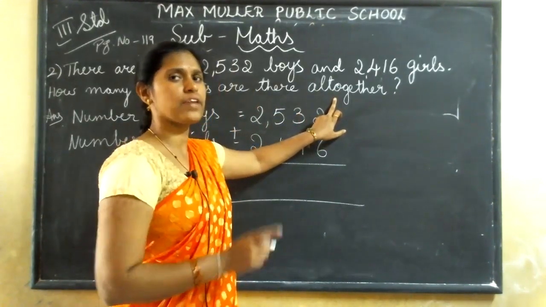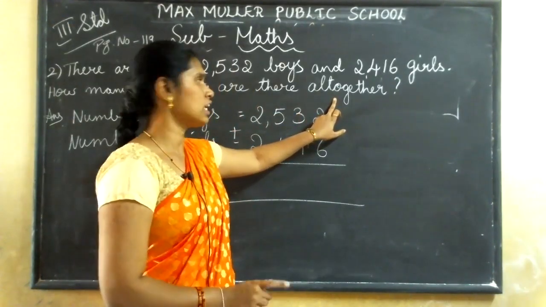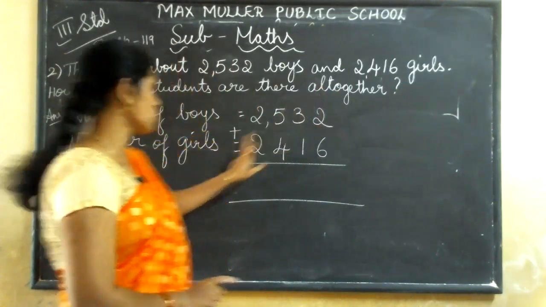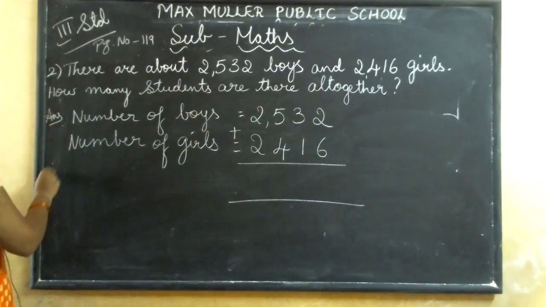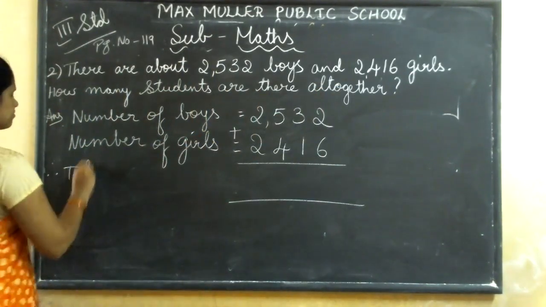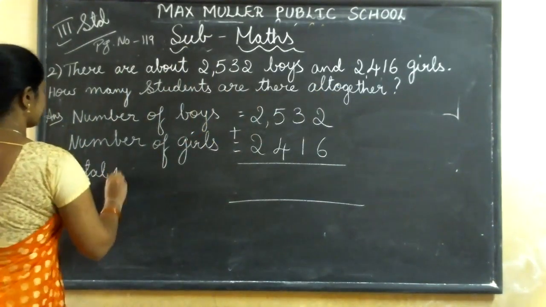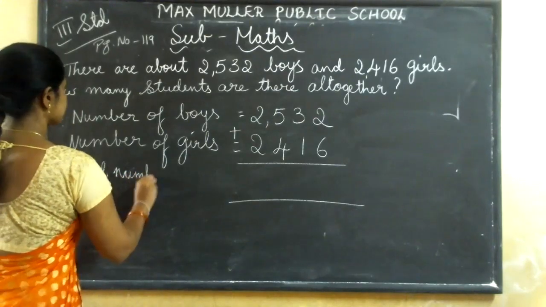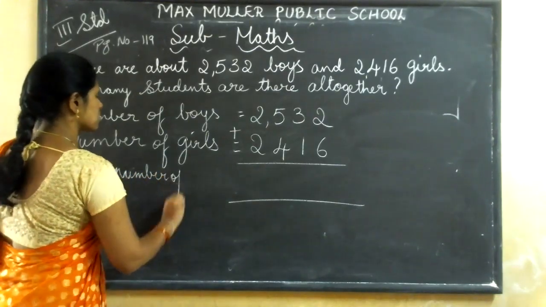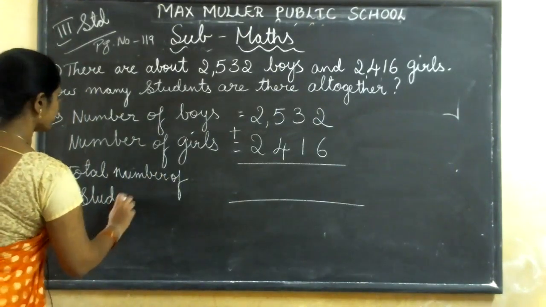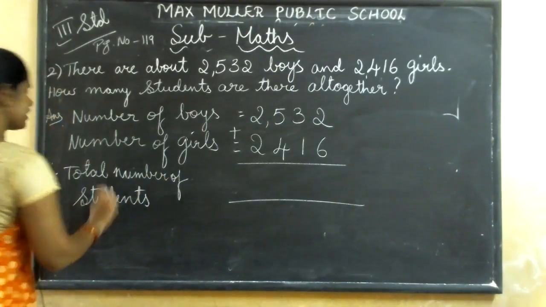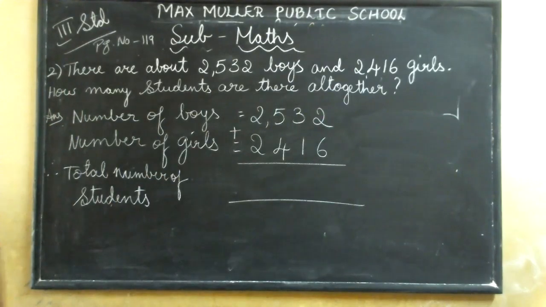So, altogether, sum, total: if you see these words, you have to add. Understood? Therefore, total number of students, you have to find that one. To find that, you have to add this.